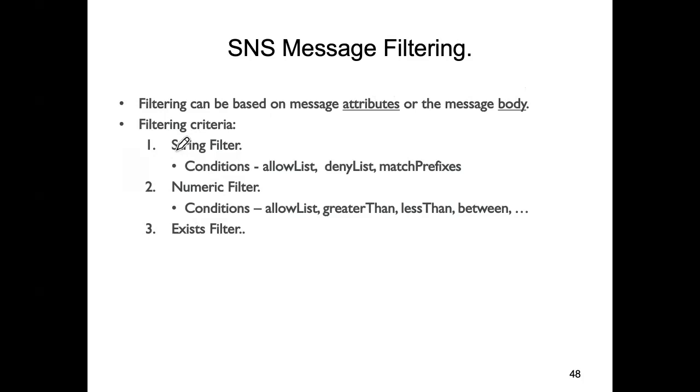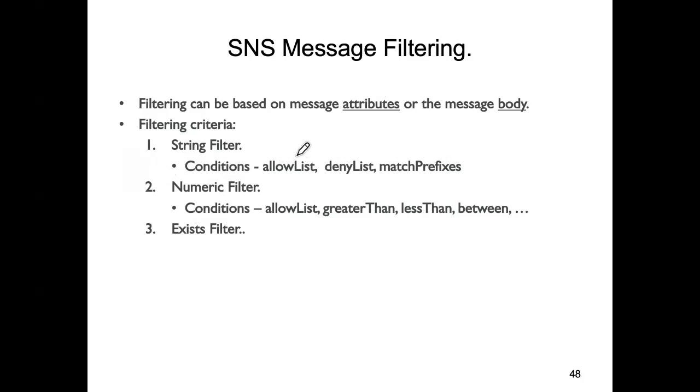So you can have a straightforward string filtering criteria. That would be where an attribute, and an attribute really is just a key value pair, where you want to do the filtering based on the value of that key value pair, where the value is a string. In terms of the conditions associated with the string of an attribute value, you can have the allow list, the deny list, or the match prefix.